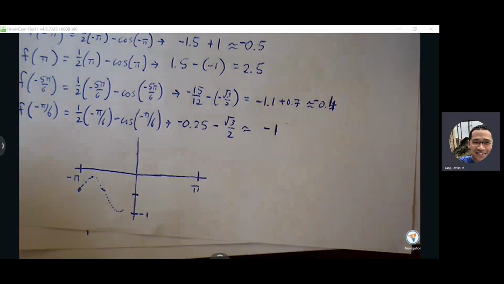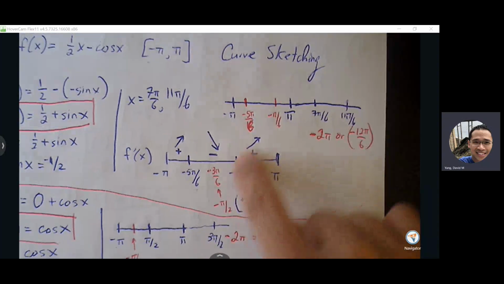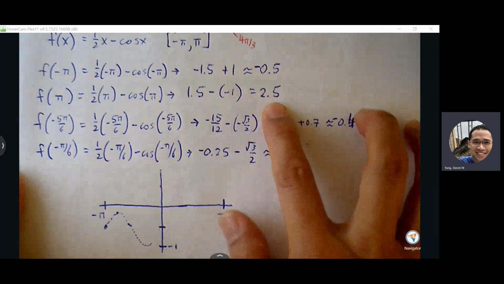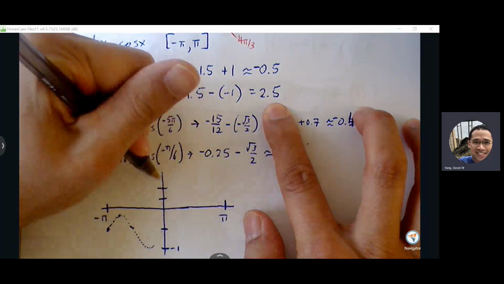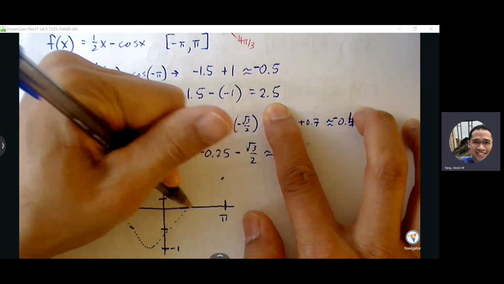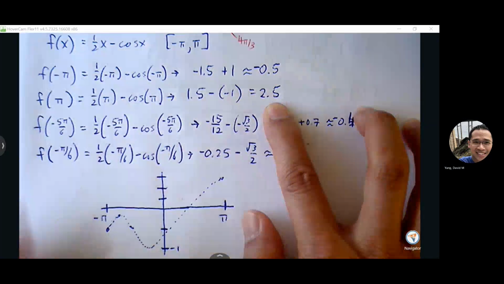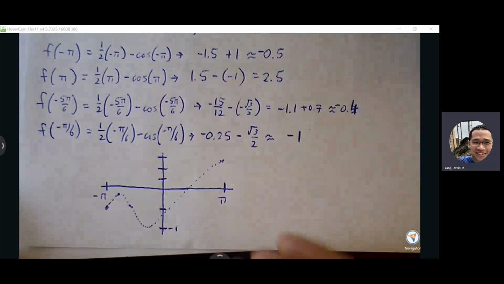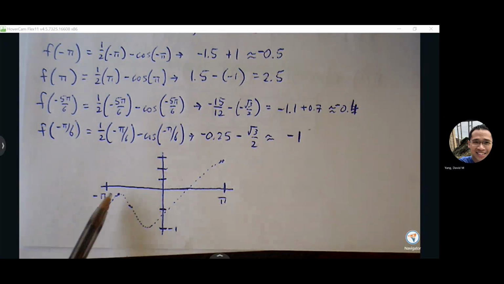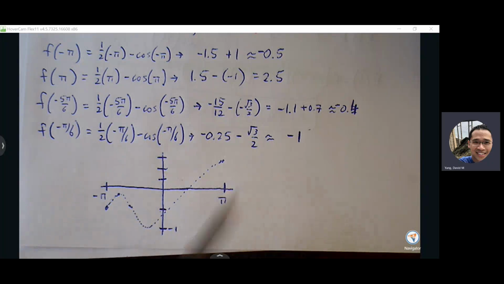Right now, I don't care about my curvature here. I just want to get my slope down. So relative minimum at -5/6, rises all the way up to pi, and at pi, my y value is at 2.5. So up here. So I want my graph to eventually end up here. But my graph should match what I expect for my slope. Positive slope, negative slope, positive slope.